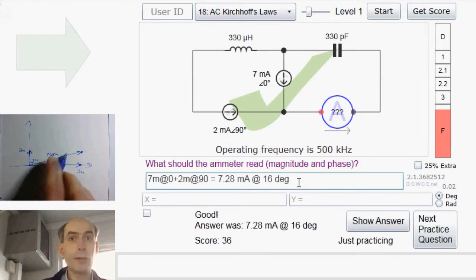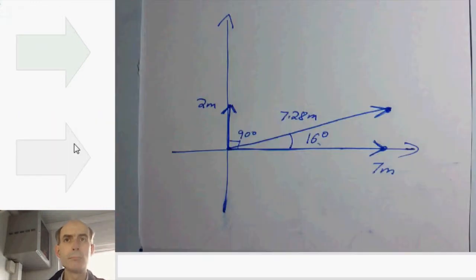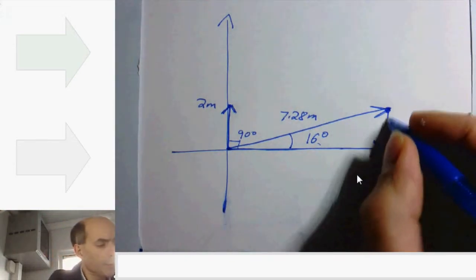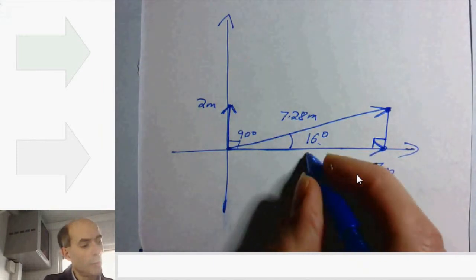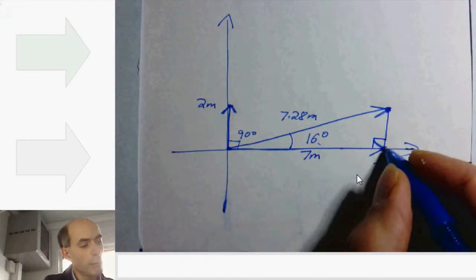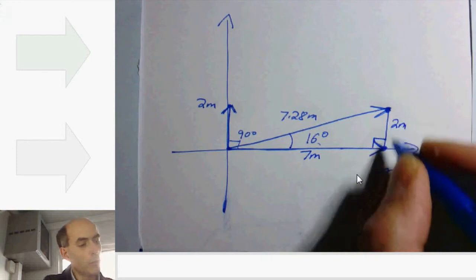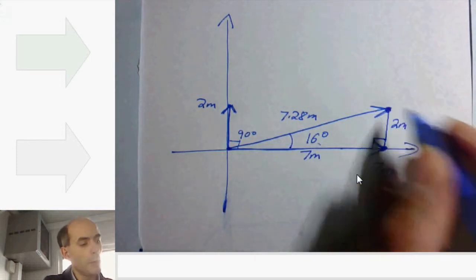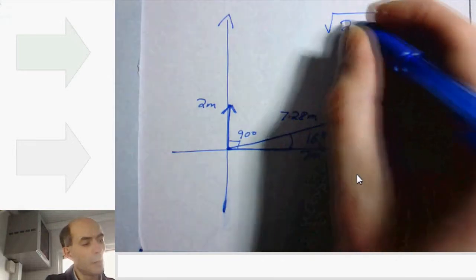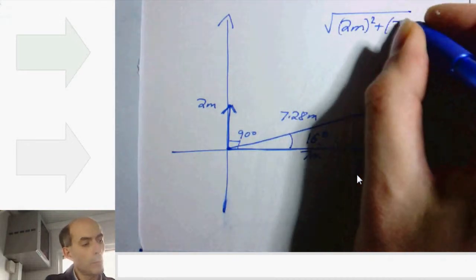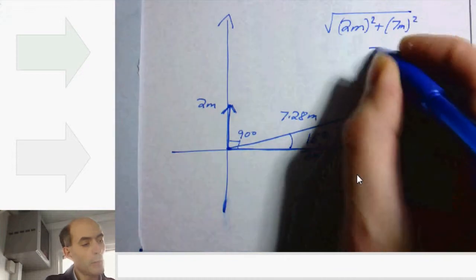We could actually check that. This is, after all, a right-angled triangle, and we know this side is 7 milliamps, and this side is 2 milliamps, and therefore the hypotenuse would be given by the square root of 2 milli squared plus 7 milli squared.